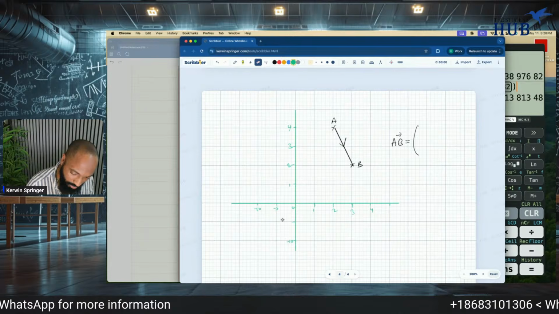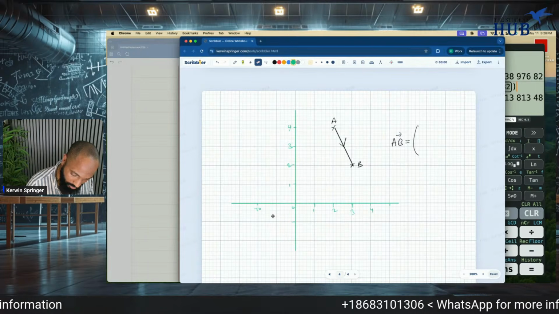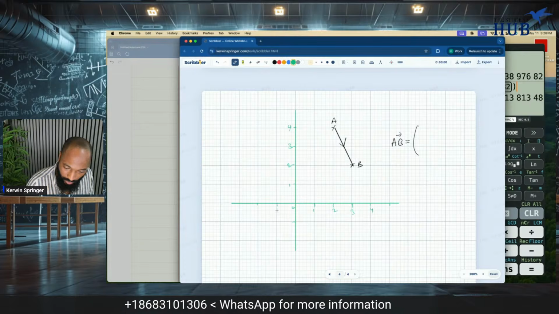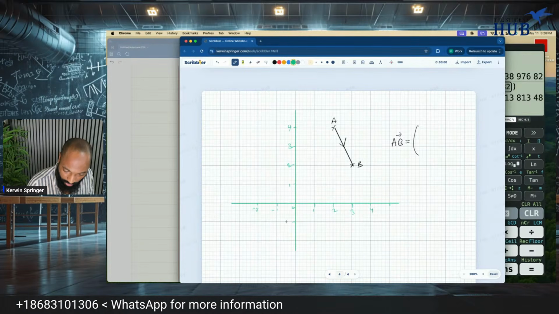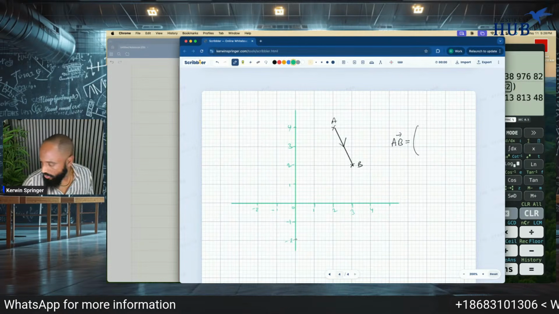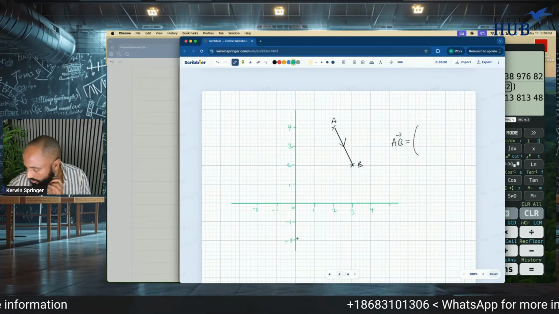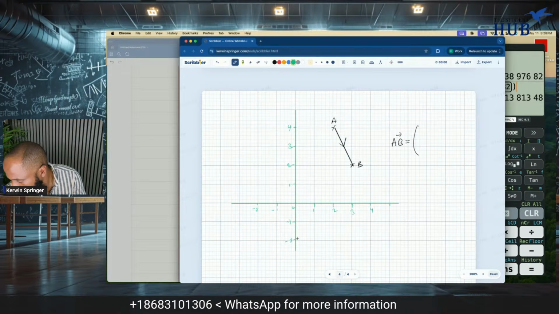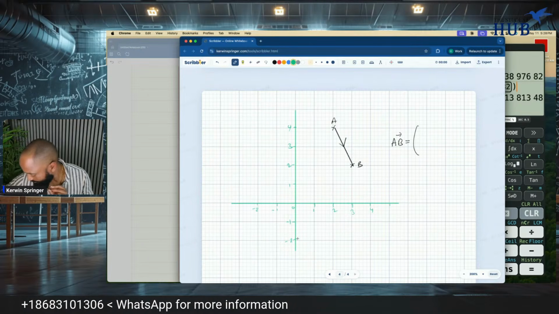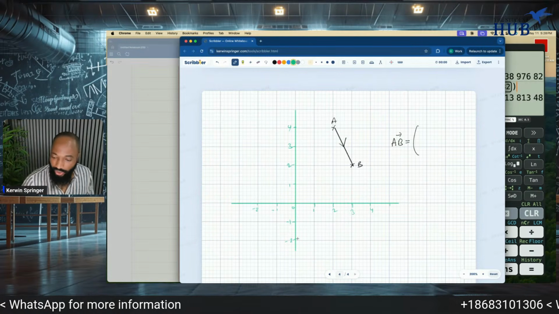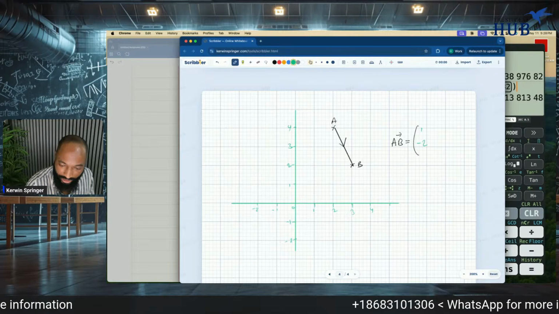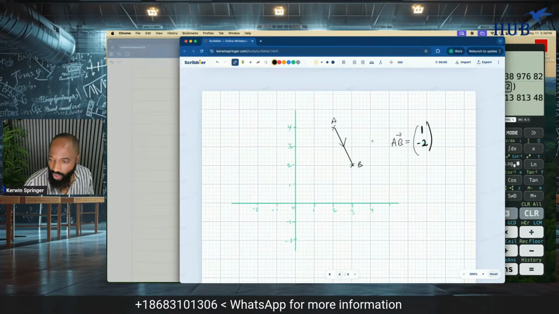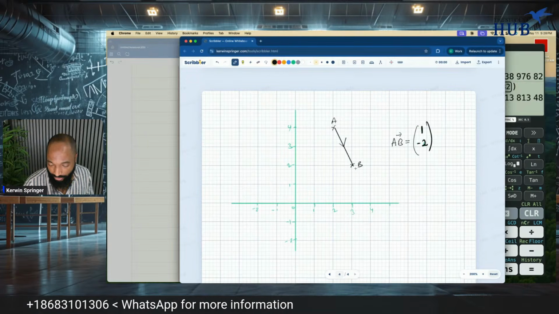I had to make little notes on things that I want to tweak on this. Yeah, so AB is (1, -2). Everybody understand why? You have to go across 1 and then drop down 2. So it's (1, -2).